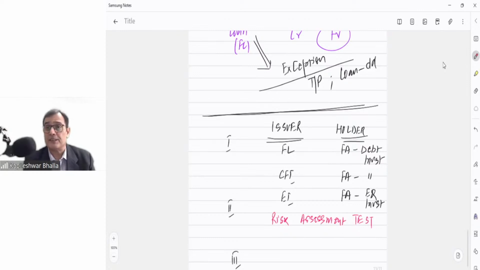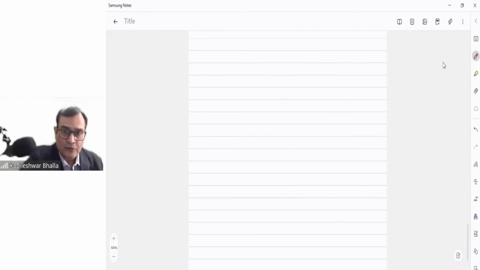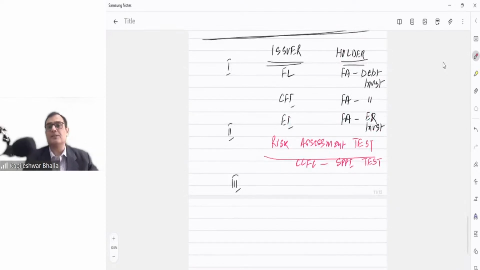Now, this risk assessment test is given a nickname and it is called CCFC, comprising SPPI test. Oh my God. Now you would say what a technical name it is, but a very interesting name. So the risk assessment test is called by the name of CCFC, comprising SPPI.